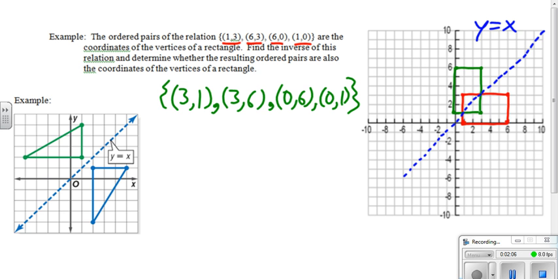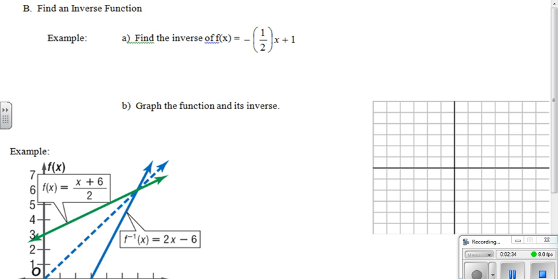Anytime we have an inverse, it will flip over this line, y equals x, our identity function. So anytime you have a mirror or a flip across that line, that would be finding the inverse function or the inverse relation. In this case, this is how the inverse relation looks.